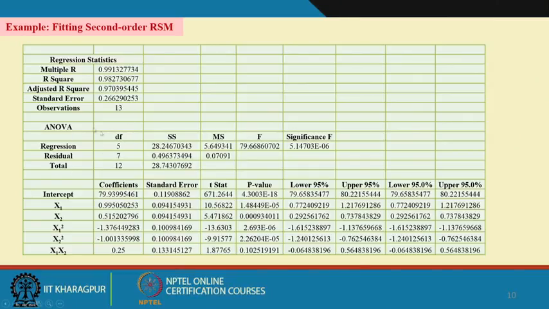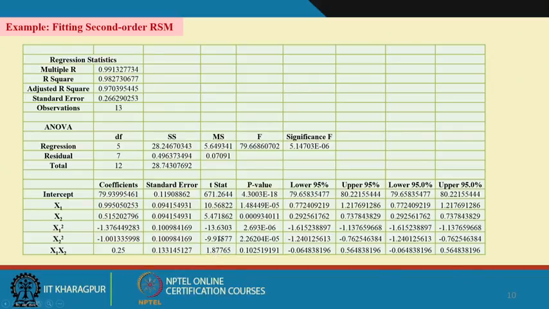Now, if you see the ANOVA also, the F test gives a very high value, 79.66. So, that means the model is perfectly fit. And now, if we see the estimated parameter values, that is 79.94, 0.995, 0.515, minus 1.37, minus 1.001, with the standard errors, the t value is quite high except for x1 x2, but even then it is 1.87.